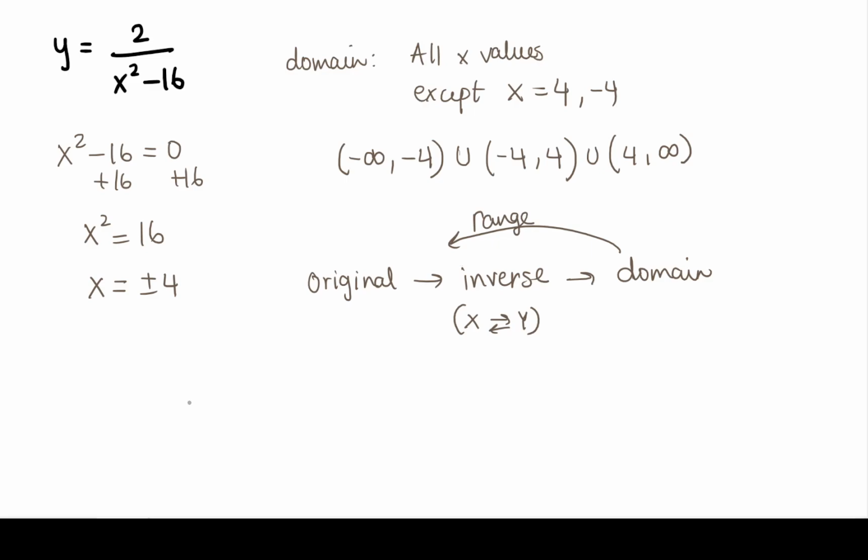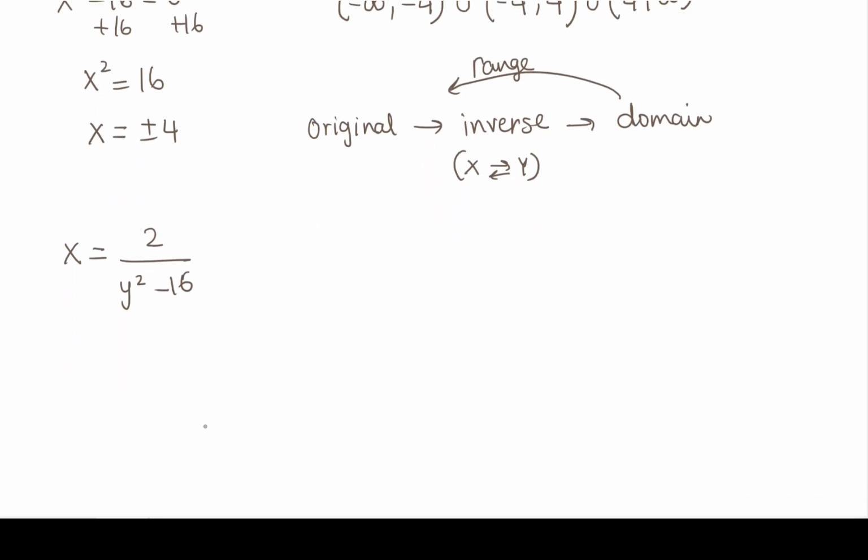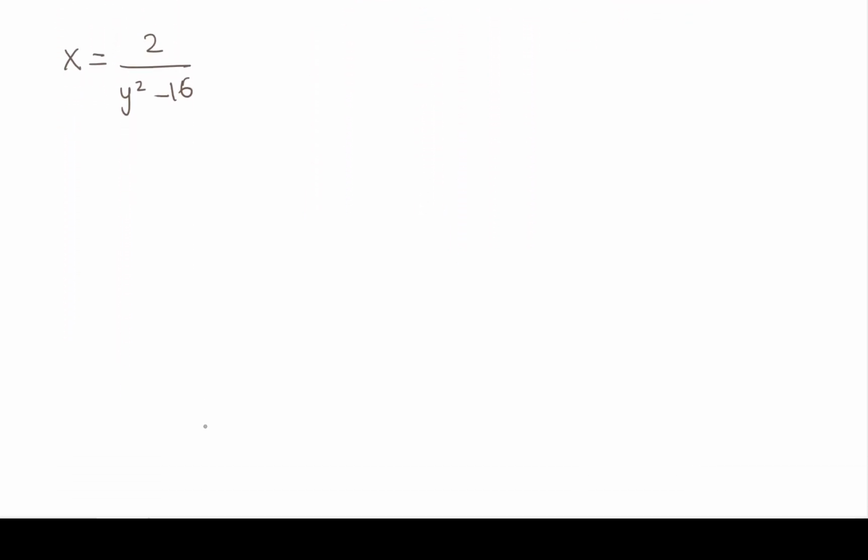And that's what we're going to do here. So the inverse function for y equals 2 over x squared minus 16 would be x equals 2 over y squared minus 16. And we have to simplify this function in terms of x.